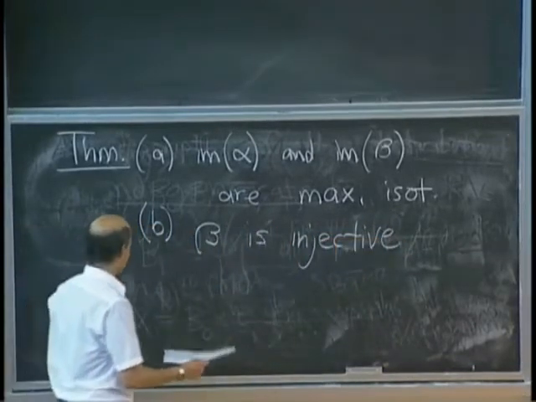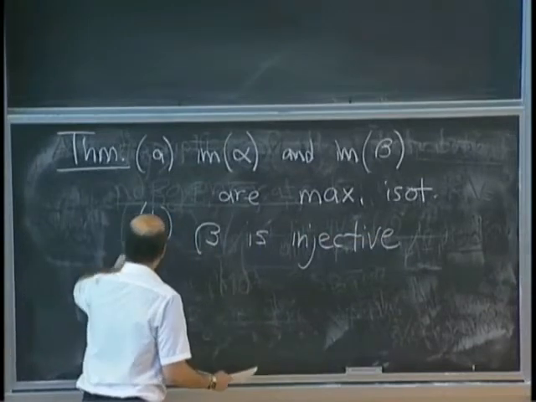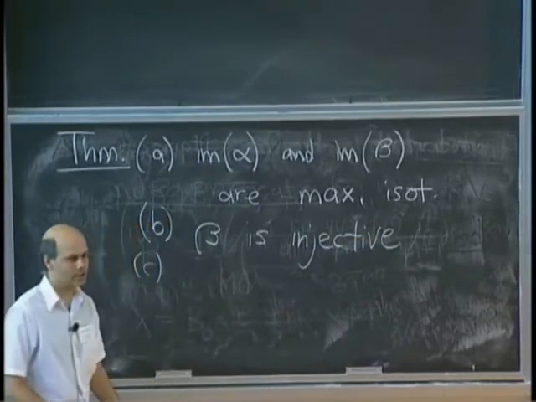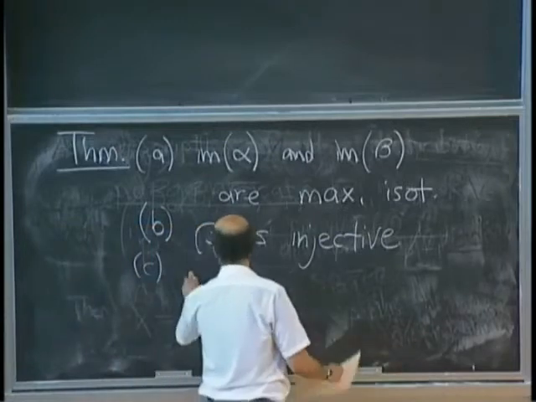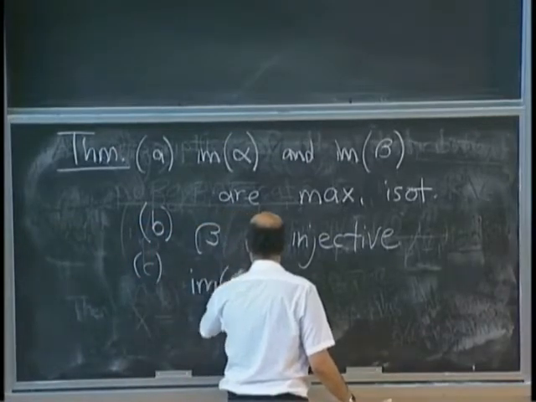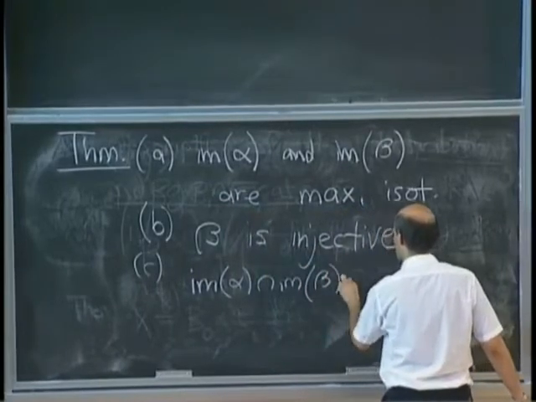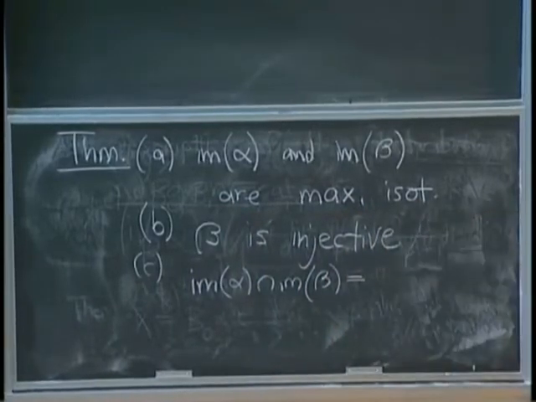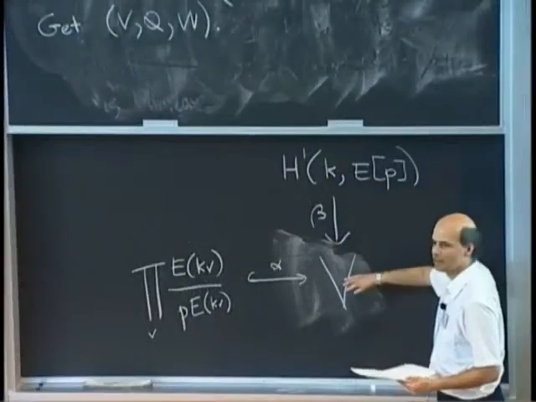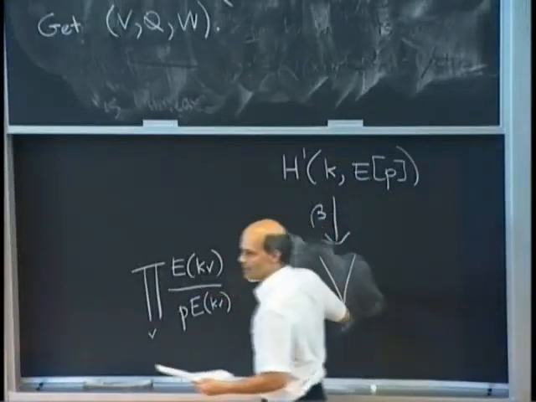And so then the third part, which is really just a consequence of the first two parts, is that if you intersect these two maximal isotropic subspaces, well, what do you get? Because beta is injective, that's the same as taking the elements here that are in the image of this one.